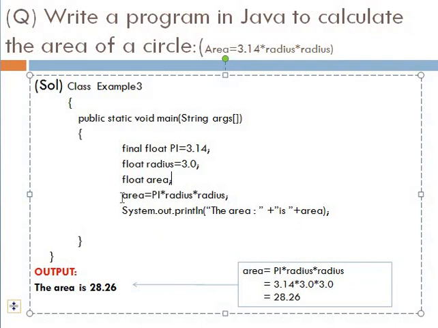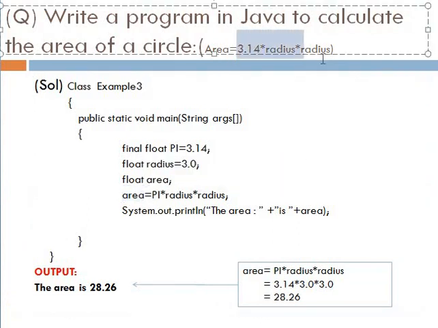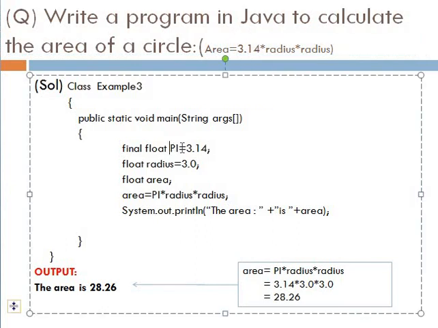Then come to the next statement. It shows an expression where the area has been calculated using the formula 3.14 into radius into radius. Since the value 3.14 has been assigned to the constant called pi, I am writing pi here, multiplied by radius into radius.